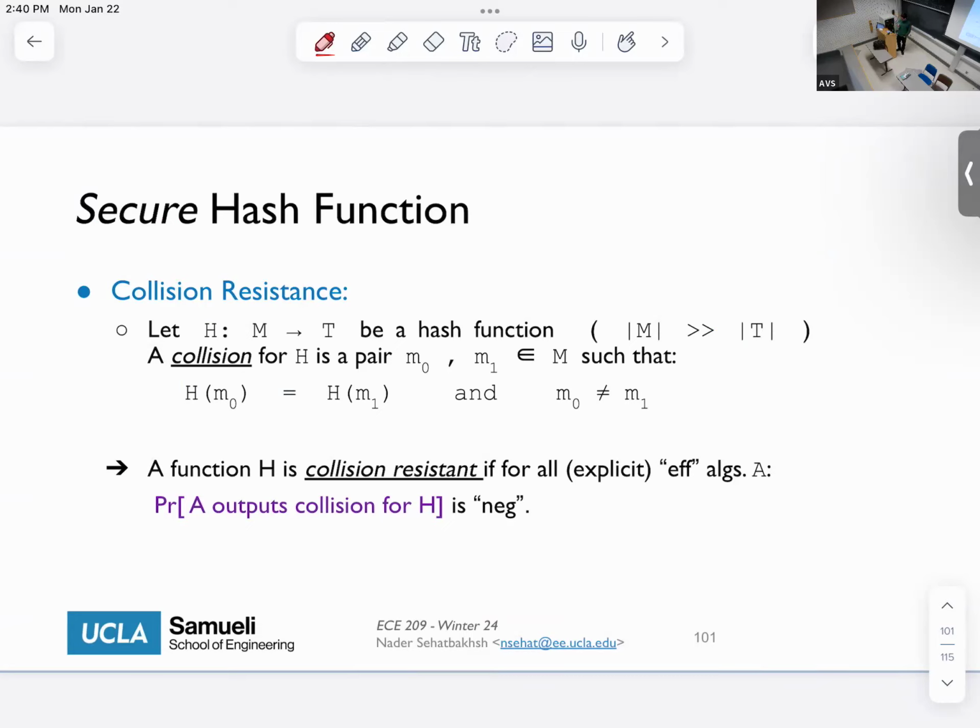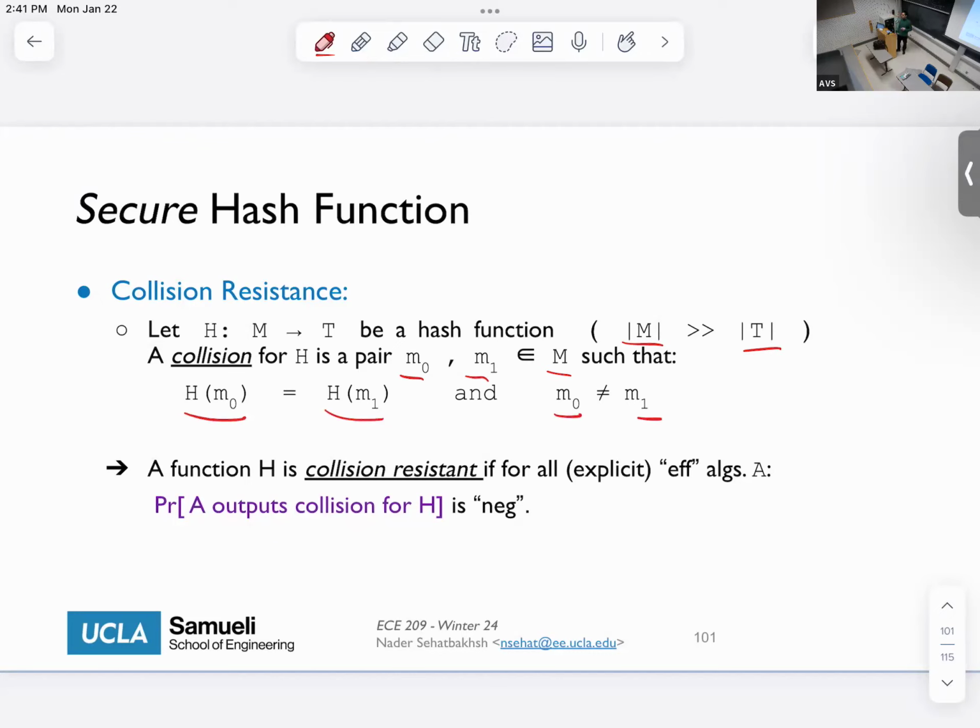More formally, let's say we have a hash function h that maps the input domain M to an output domain T. Of course the size of M is significantly larger than the size of T. That's the whole point of a hash. We call a collision of h a pair of messages m0 and m1 in the message domain M, such that the hash of m0 is equal to the hash of m1, while m0 is not equal to m1.